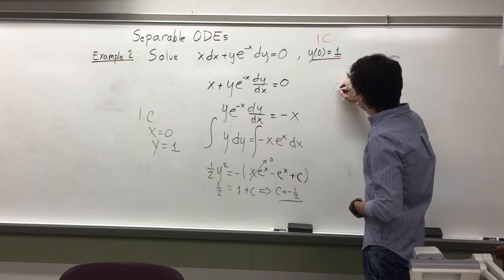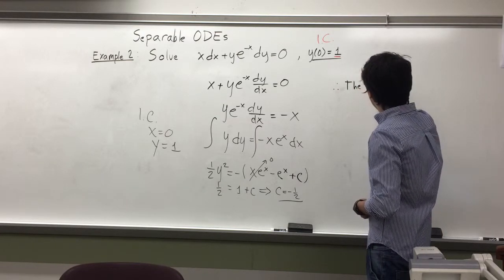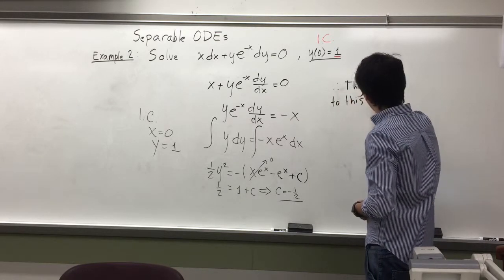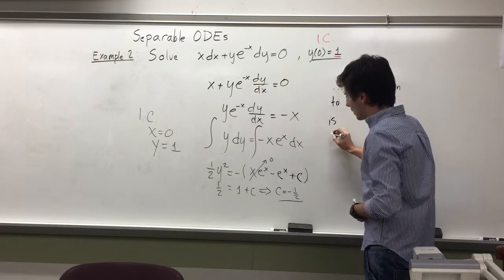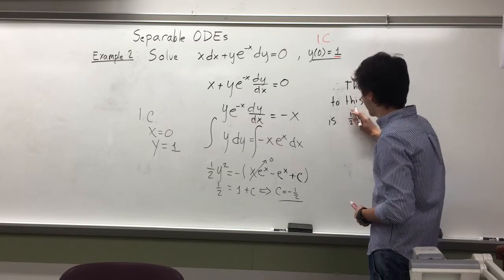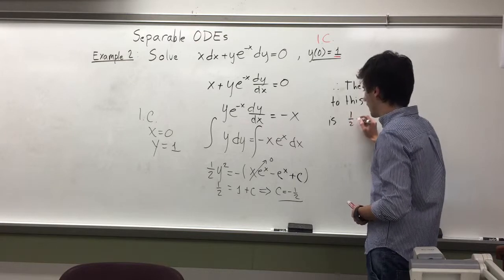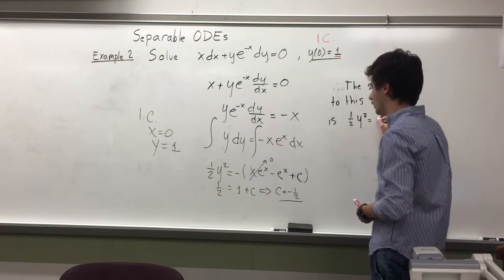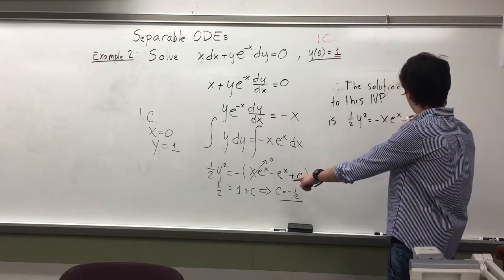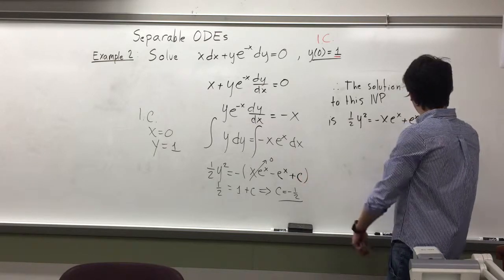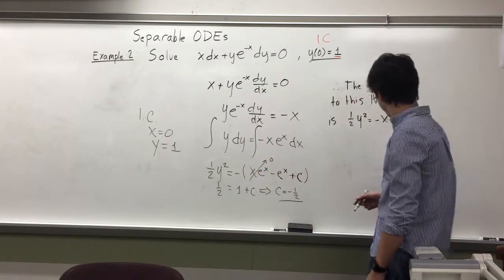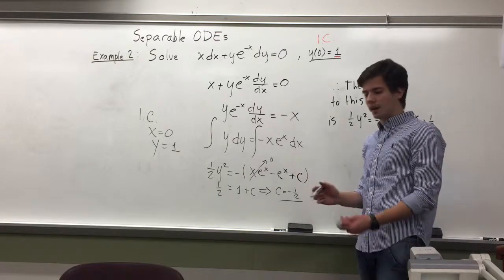So, the solution to this IVP is 1/2 y squared equals negative x e to the x plus e to the x plus 1/2 when we multiply this by this negative right here. However, this is not the final step.